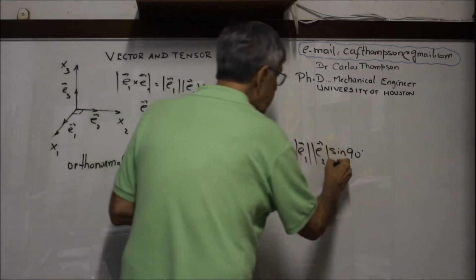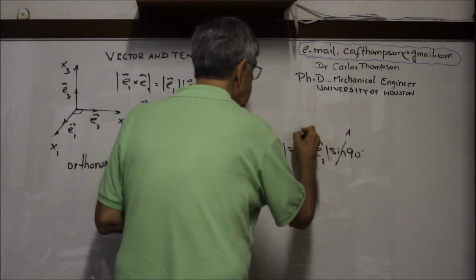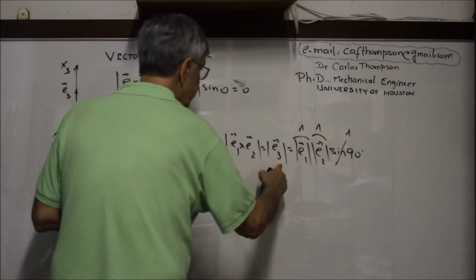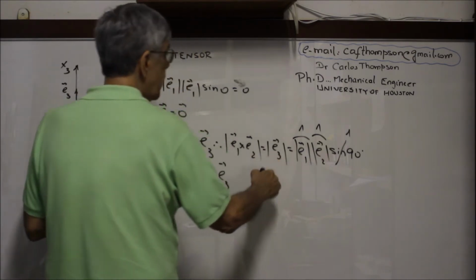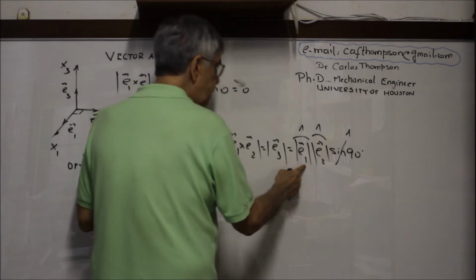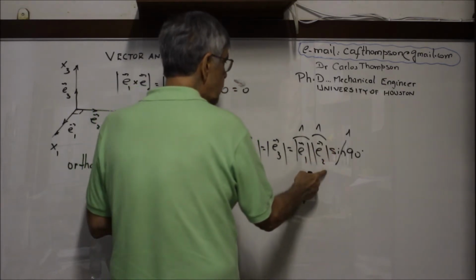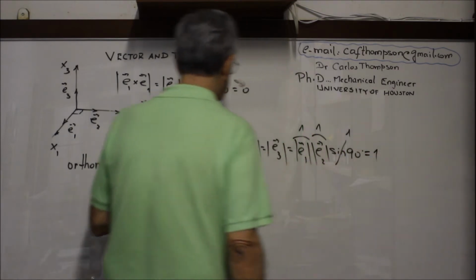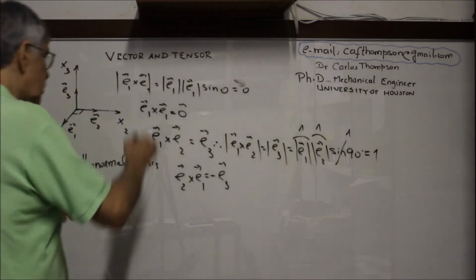The sine of 90 degrees is 1. So this is 1, this is 1. So the magnitude of E3 is the magnitude of E1 times the magnitude of E2 times 1. So this will be 1. Okay? Now let's continue.